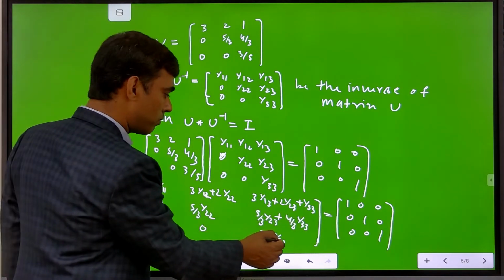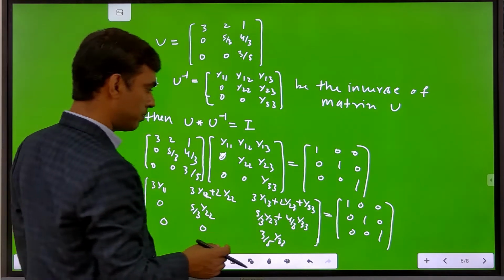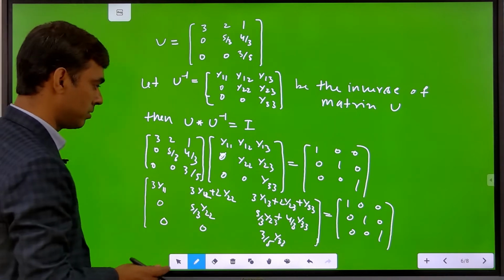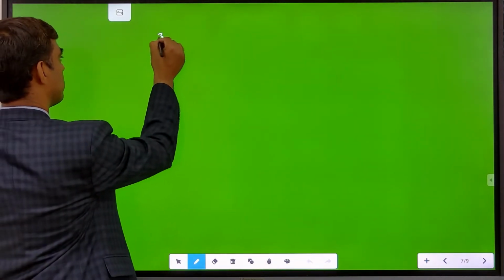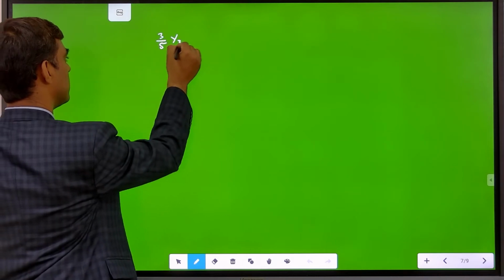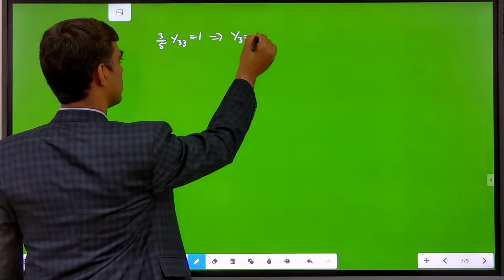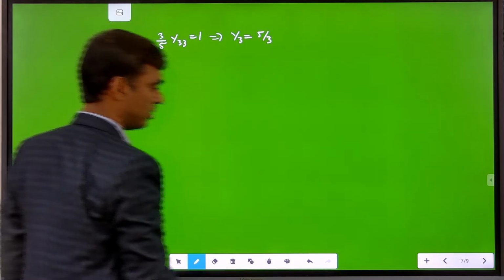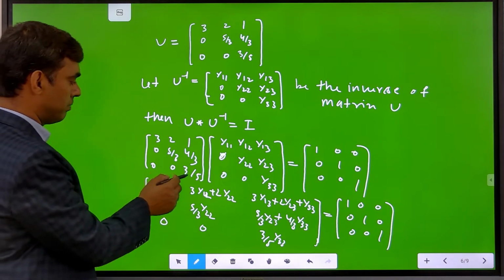So what is the value of y33? 3/5 y33 equals 1, so y33 equals 5/3.